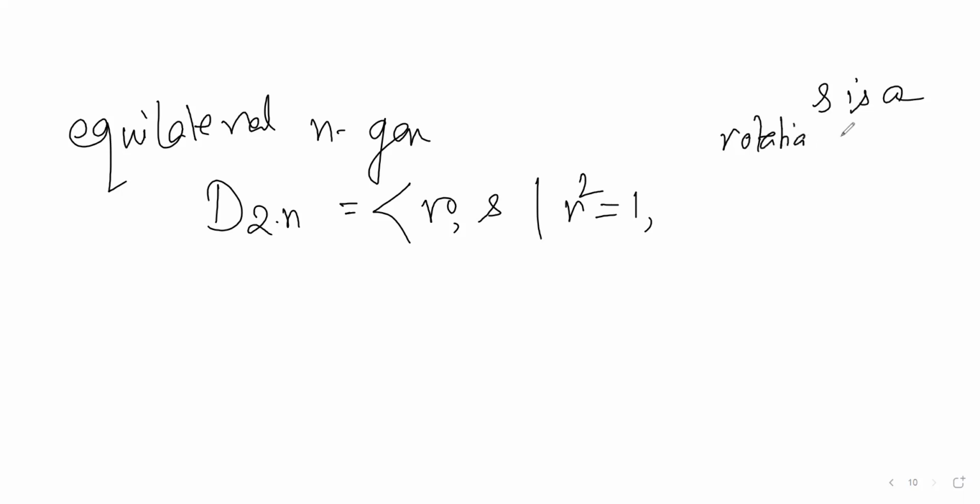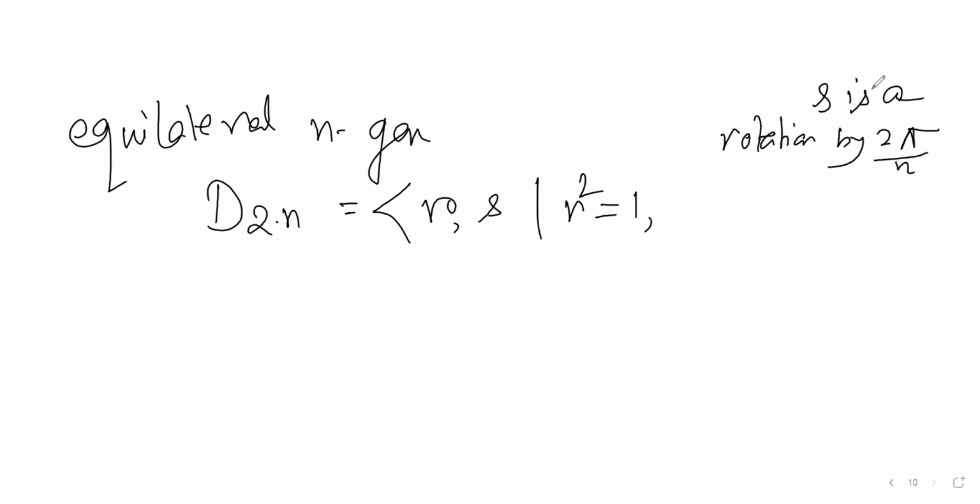For 3, I write D2 into 3 because there is a triangle. Now I am taking n-gon, so D2 into n, and that will be generated by R and S, where R is a reflection, that means its square is identity, and S is a rotation by the angle 2 pi over n.